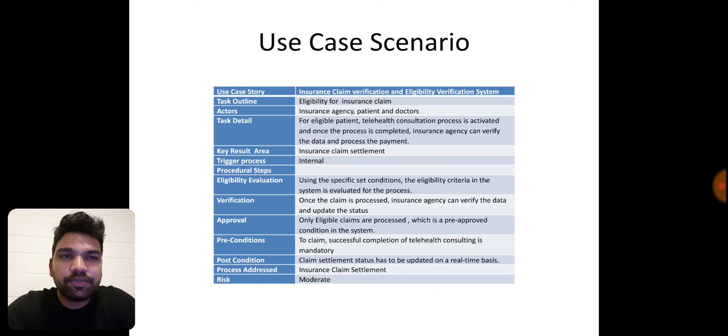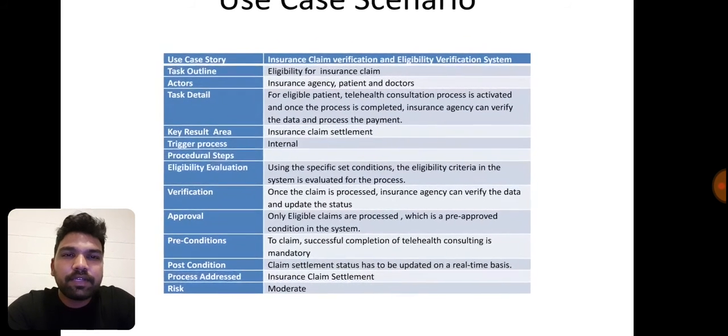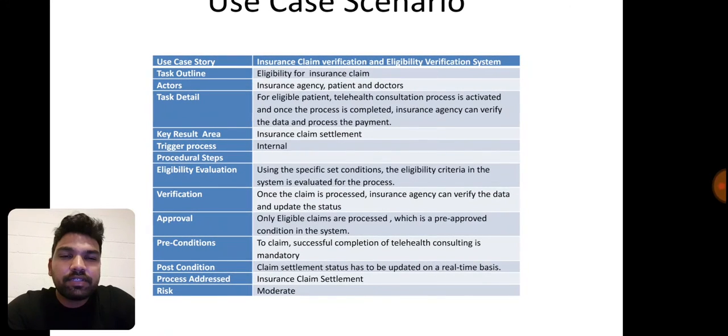The next one is the use case scenario. The use case scenario is divided into 14 categories. For example, we can take the task outline, the insurance claim verification and eligibility verification system. For our task outline it is eligibility for insurance claim, and just like that you can see the remaining respectively.